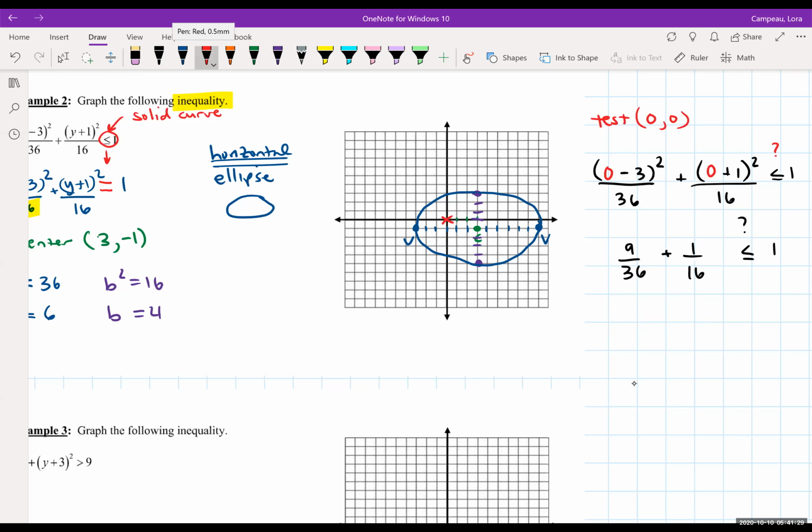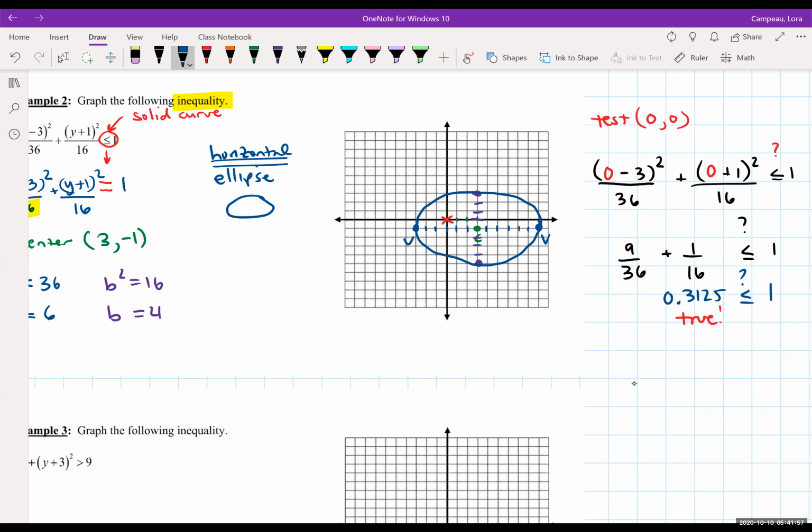That's if you're already playing around with your numbers. Or you could pull up your TI, feel free, and just say, what's 9/36 plus 1/16? We don't have to worry about whether it's a nice fraction or not. We just get 0.3125, and for sure, it is less than or equal to 1. So still true. So whatever helps you out on that.